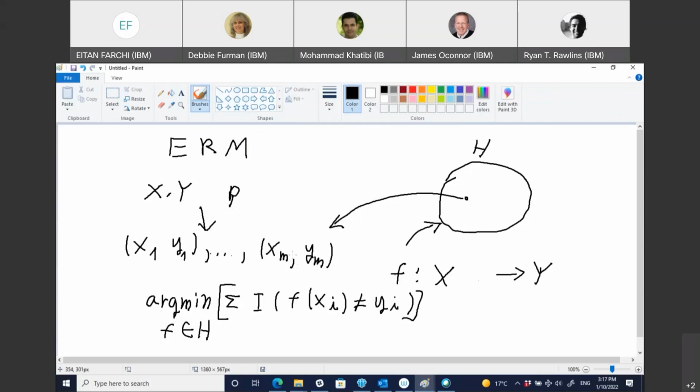I'm picking n points, and then I see which function in H is the best function, the one that makes the minimum possible mistakes on these n points, and that's the function I'm going to pick. This is the function I'm going to use.